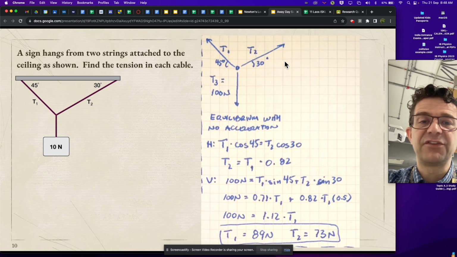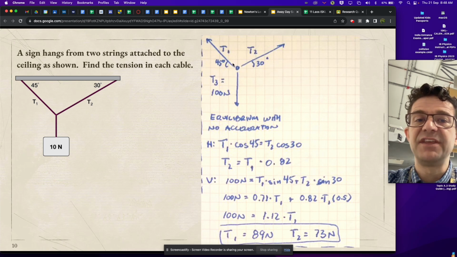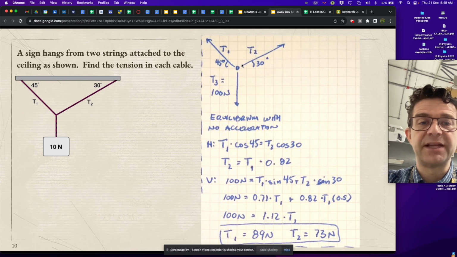Because it's in equilibrium, we know there's no acceleration. We can't break these forces really into components because we don't have the values of T1 and T2. So I'm just going to have to write that the leftward and rightward forces are balanced. So T1 times the cosine of 45, the leftward component, has got to be equal to T2 times the cosine of 30 for the rightward component.